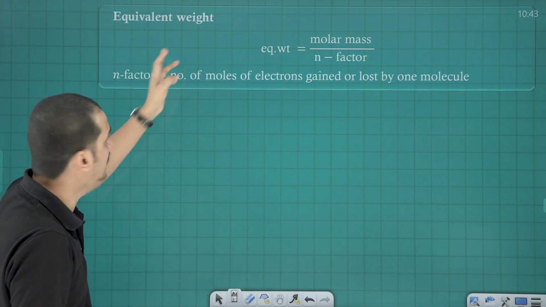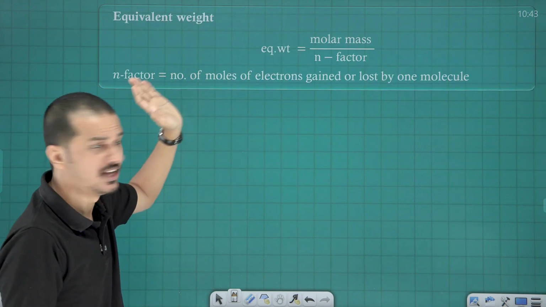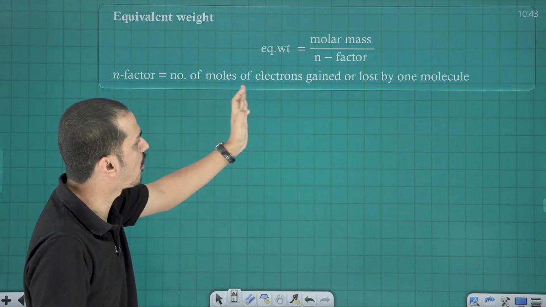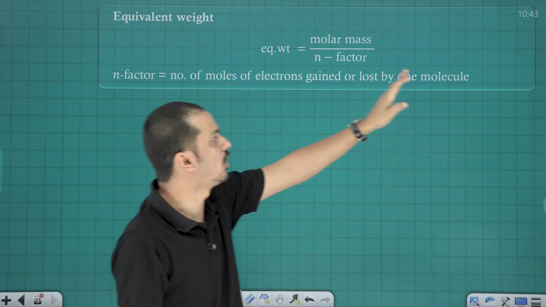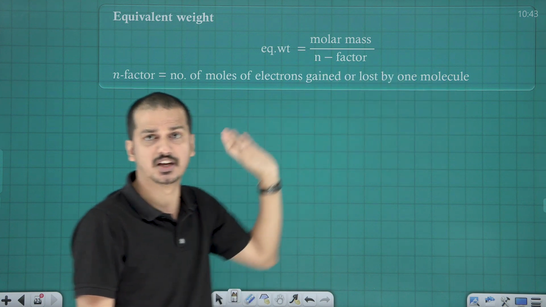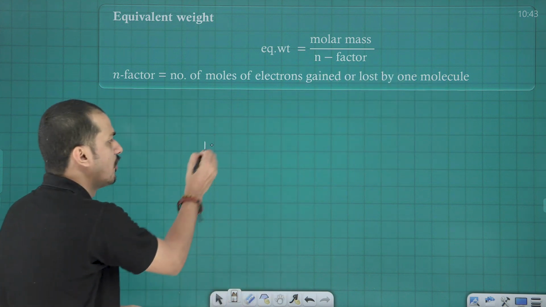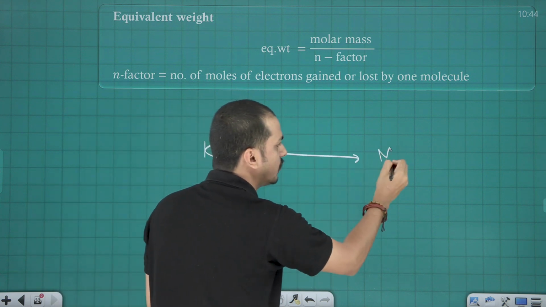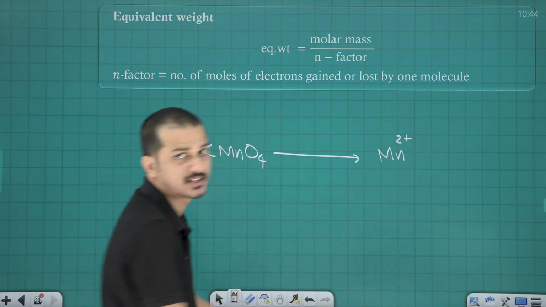Next one, again here you have to remember equivalent weight. Equivalent weight is equal to molar mass divided by n factor. N factor is equal to the number of moles of electrons gained or lost by one molecule. For example, KMnO4 in acidic medium will become Mn2+ ion.